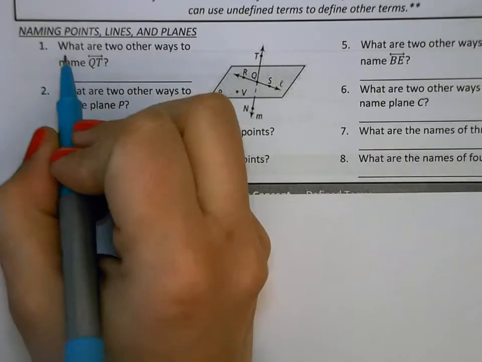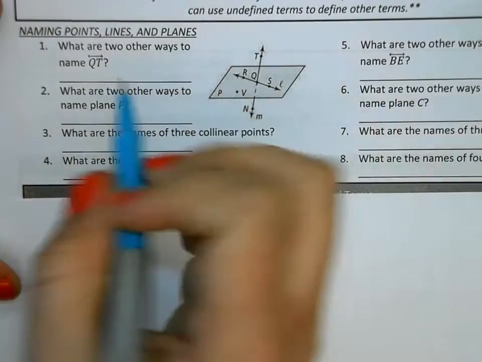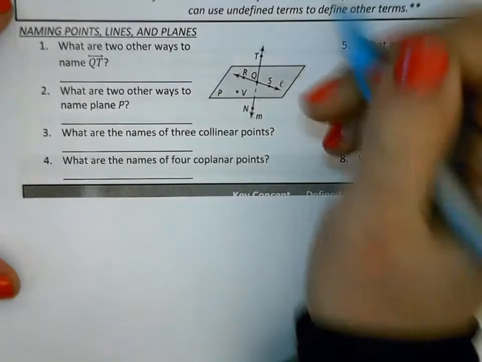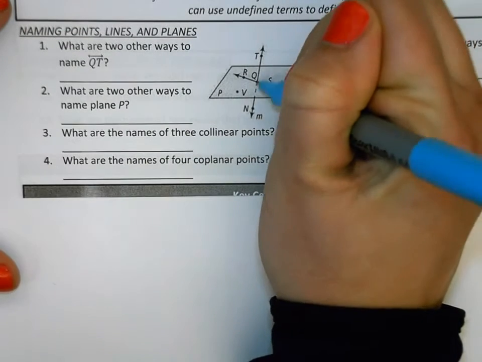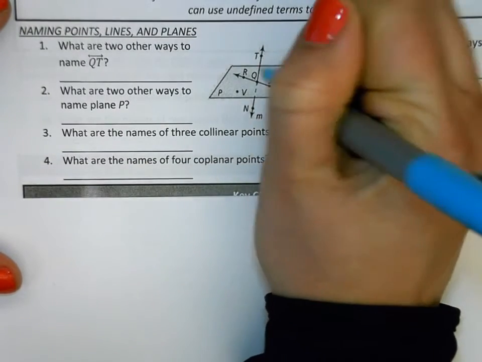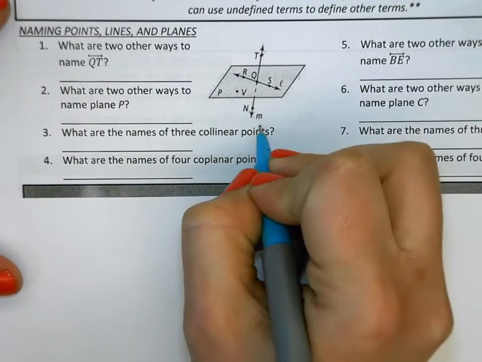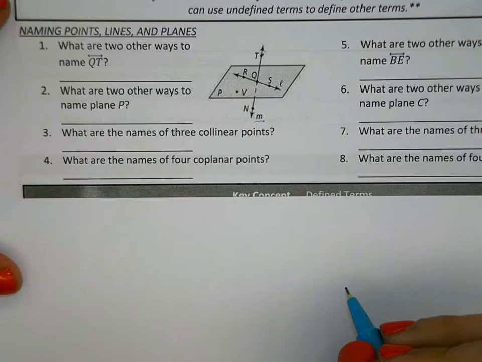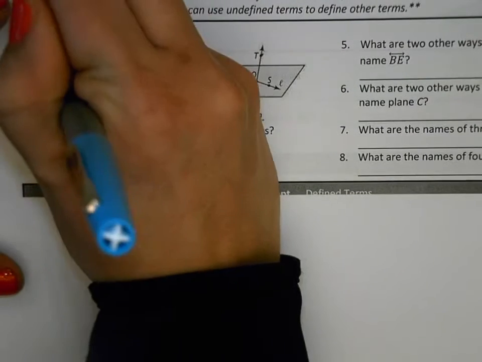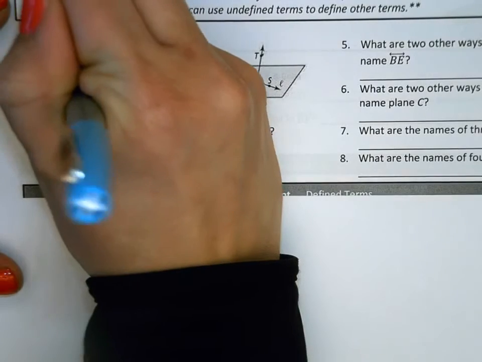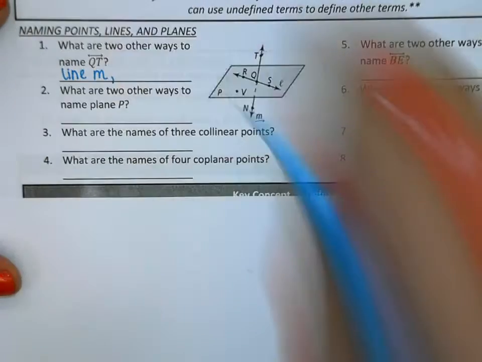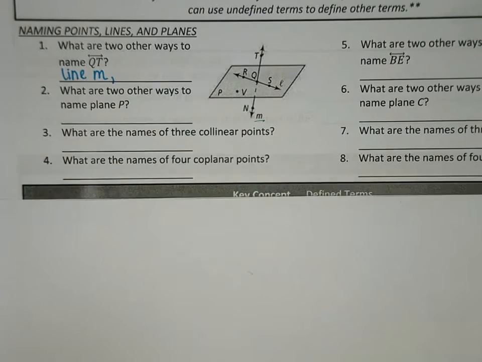What are 2 other ways to name line QT? So line QT is the one that's going through the plane because it has the points Q and T on it. I noticed that it has a lowercase letter m, so we could call it line M, right? You guys agree? Okay, so I'm going to call it line M. And then we need to name it also using other points on the line.